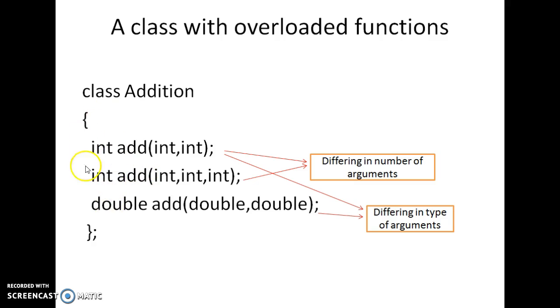The return type of the functions may be anything. So here the first 2 functions have the same return type, that is int, while the third one is having a double return type, which is not taken into consideration in function overloading.